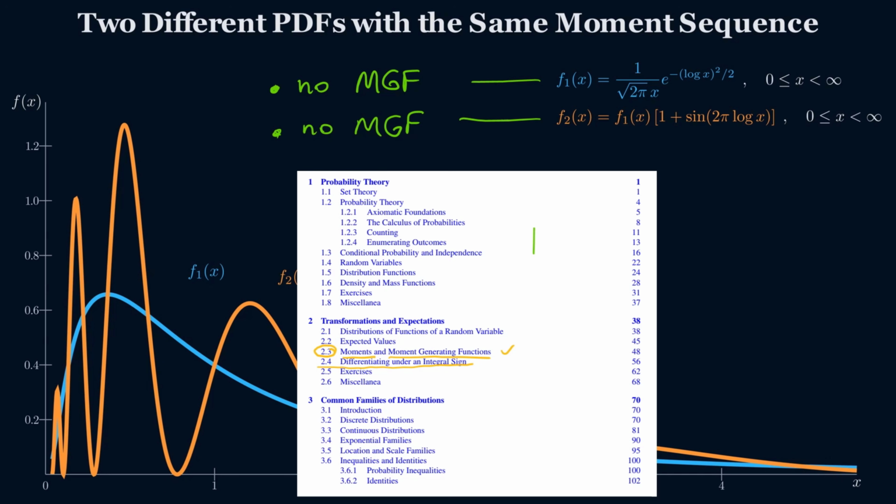So if chapter 1 was all about random variables and CDFs and PDFs, then chapter 2 was all about distributions of functions of random variables, and we learned about the change of variables formula in section 2.1, which allows us to derive their distribution.